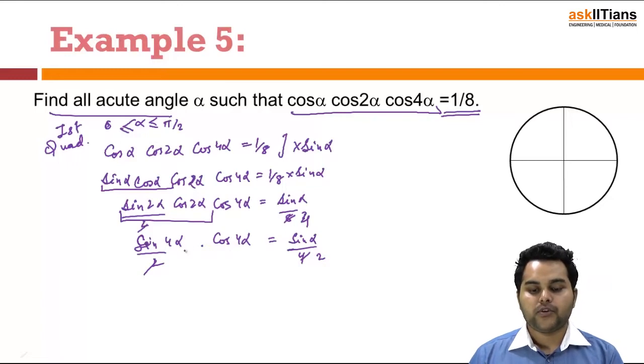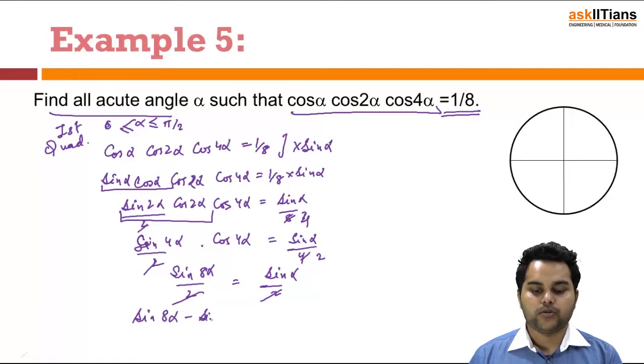Now sin 4 alpha cos 4 alpha is equal to sin of 8 alpha over 2, which is equal to sin alpha over 2. 2 and 2 cancel out, giving me sin of 8 alpha minus sin of alpha being equal to 0.